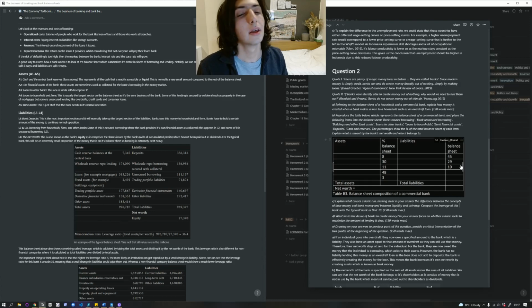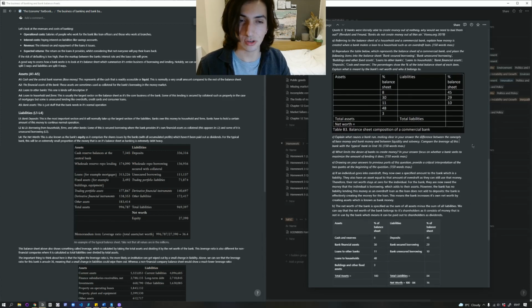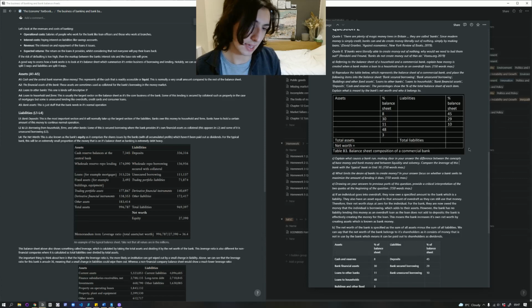So what banks do is they get assets to help them get back on their feet. The bank takes these assets, and this allows it to not be insolvent for a little while, which can help get it back on its feet.